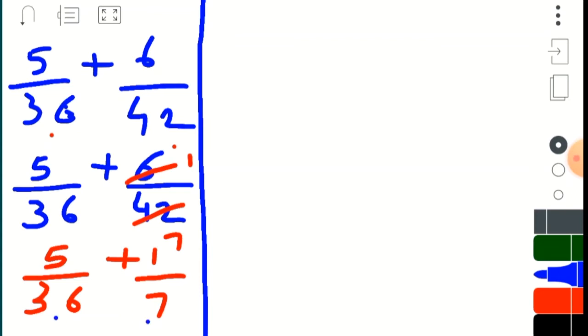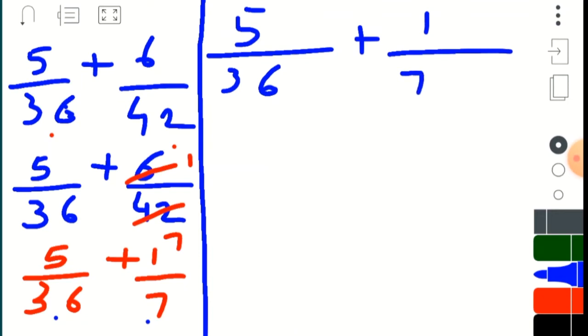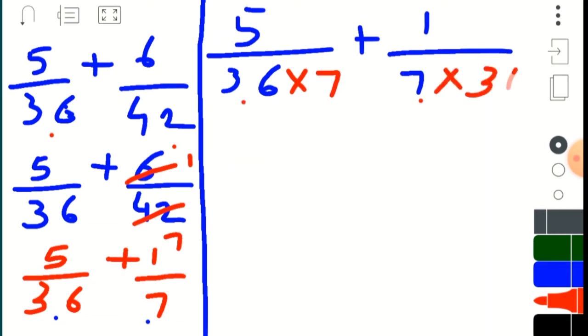Here the denominators are not same, so we will make them into same denominators. We will write here 5 upon 36 plus 1 upon 7. Now we will cross multiply this. Here you will multiply by this 7 and here you will multiply by this 36.